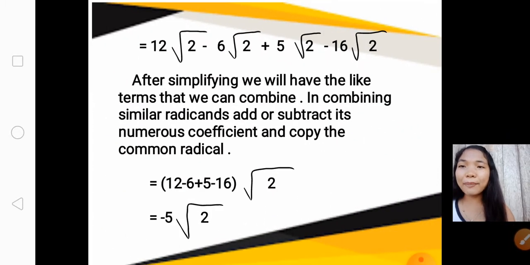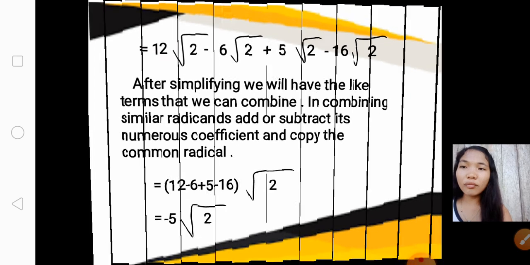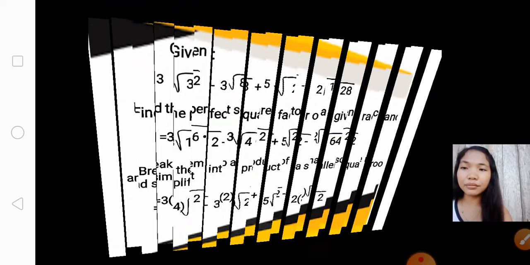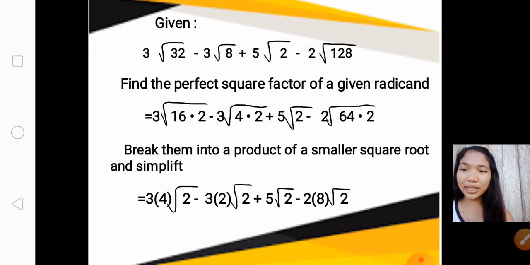Then, after simplifying, we will have like terms that we can combine. In combining similar radicals, add or subtract the numerical coefficients and copy the common radical. So, 3 times 4 is 12 on the square root of 2. 3 times 2 is 6 on the square root of 2.